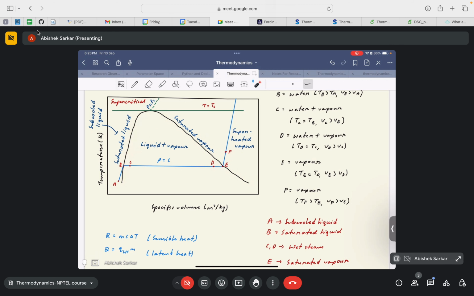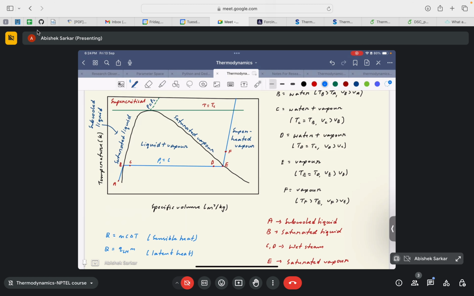So this shape is primarily because of this region, or this line specifically, from this point to the critical point. So let me define the critical point, then it will be much clearer. As I mentioned, this pressure, say P1, and this entire process that I mentioned here is done at constant pressure P1, which is known as the saturation pressure, right?